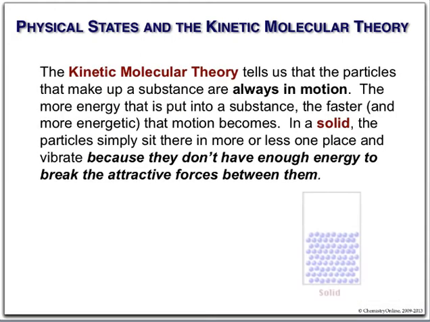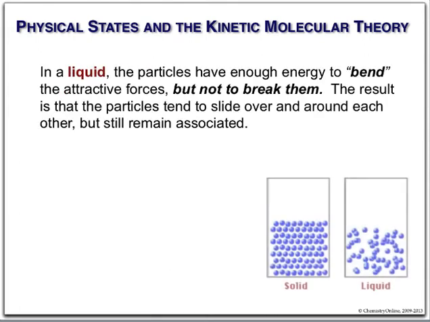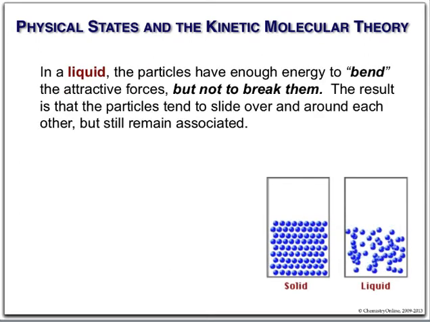Now, if we have a solid, the kinetic molecular theory tells us that particles are always in motion, but in a solid, they don't have enough energy to overcome the intermolecular forces, so they just sit there. If we take a solid and put in more energy, the particles now have enough energy that they can slip and slide over each other, but they still can't break the intermolecular forces between them.